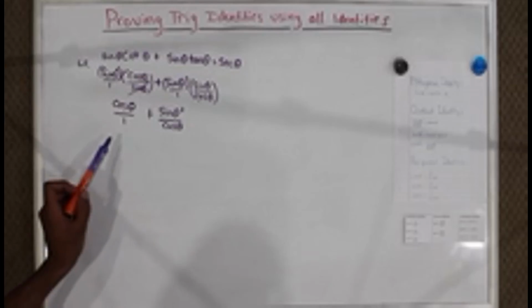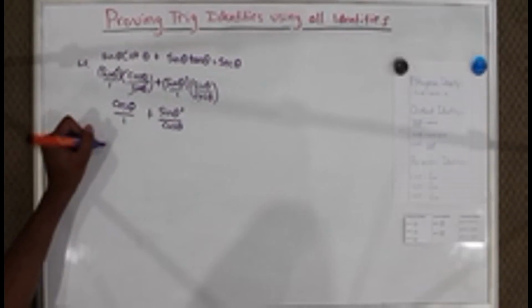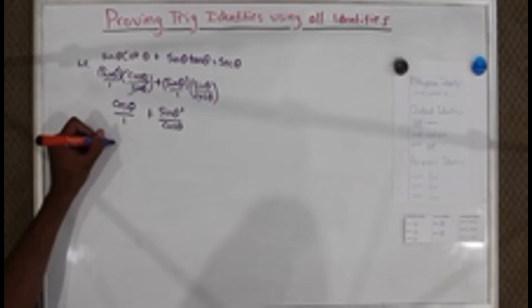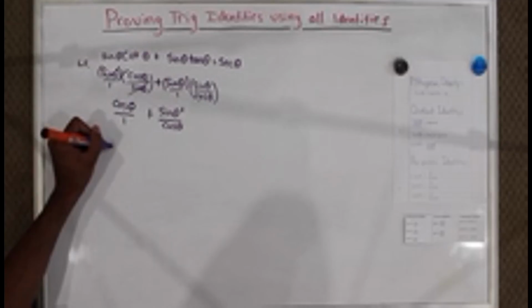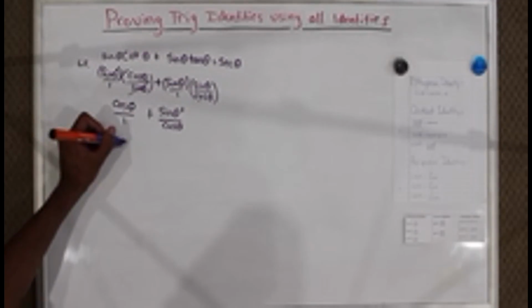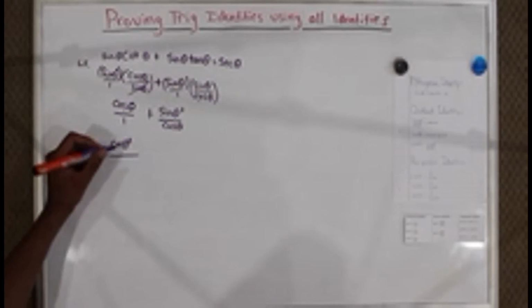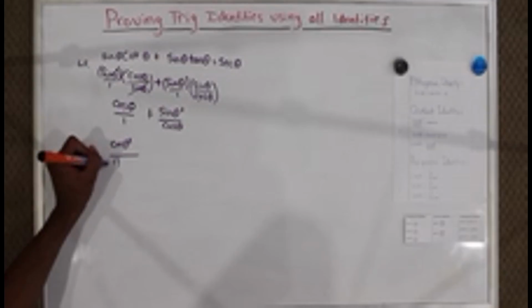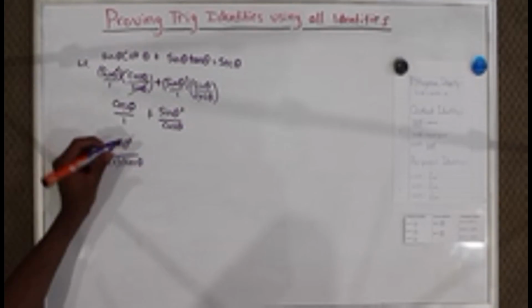Alright, so now to make these two the same denominators, we're going to multiply this cos into this cos over 1. Multiplying that cos into there, you're going to end up with cos squared theta, which is 1 times cos theta.